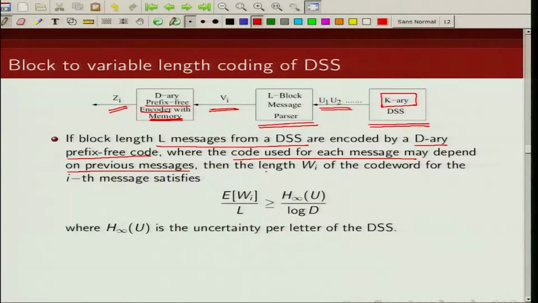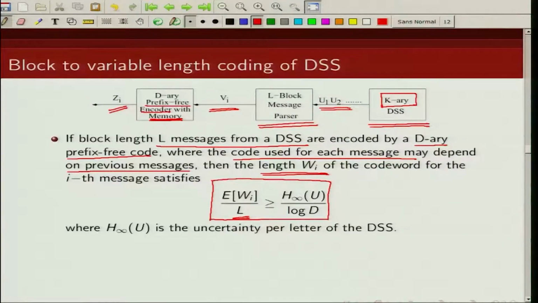Then we can show that if the length of the ith code word is Wi, then the expected code word length divided by the input length is lower bounded by the entropy rate.